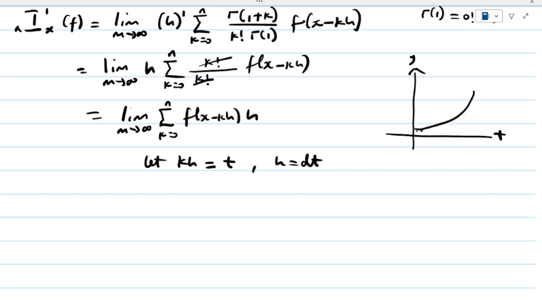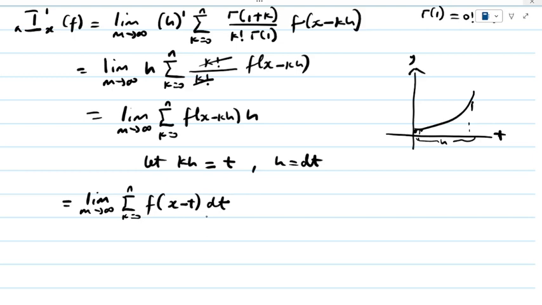If we have something from here to here, the difference is taken as h, which represents your dt. So going by that, we are going to have the limit as m tends to infinity, summation k equals 0 to n, f of x minus t, because our kh is now t and our h is now dt.